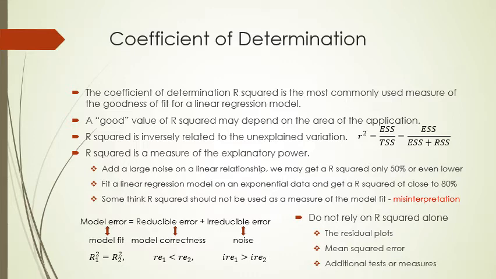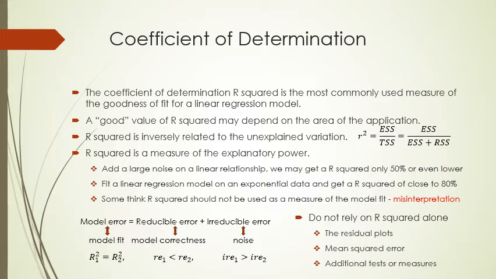On the other hand, a relatively high R² does not mean your model is surely correct. In the second case, we fit a linear model on data from an exponential distribution. We may get an R squared above 80% if the noise is small.